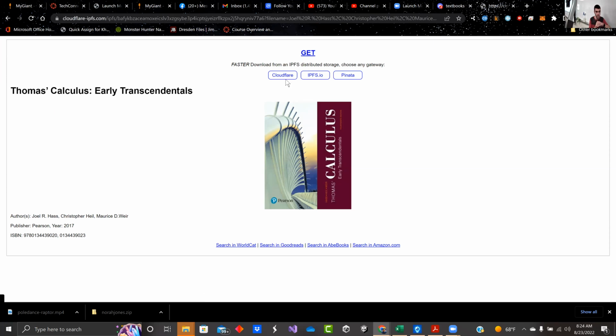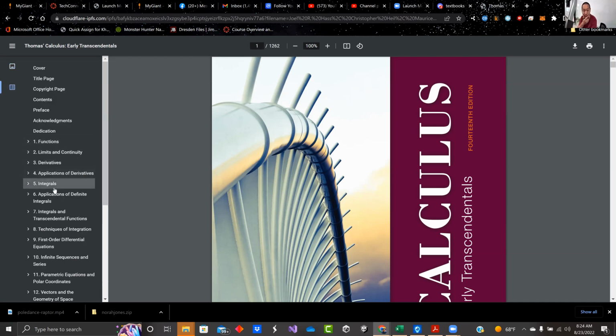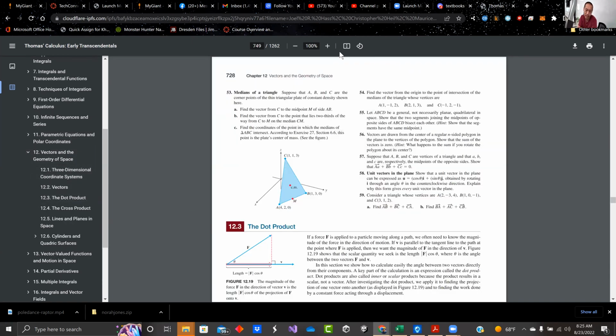I don't know how to do the answers, how they get them. Is there a question from it that we need? Yeah, he had a question. It was a word problem, so it's kind of hard to explain. Chapter 12.3 is also a dot product. I'm using this textbook in Calc 3.